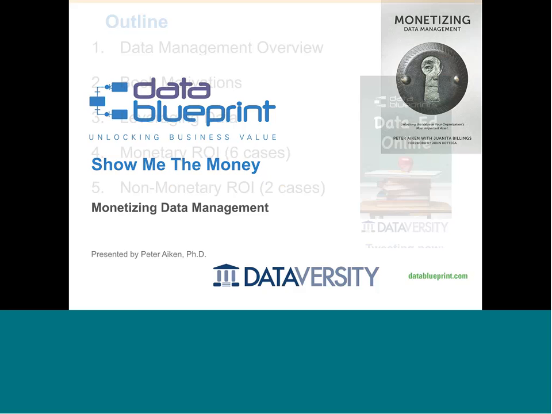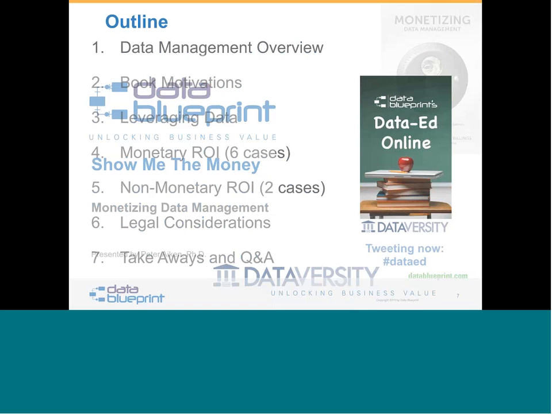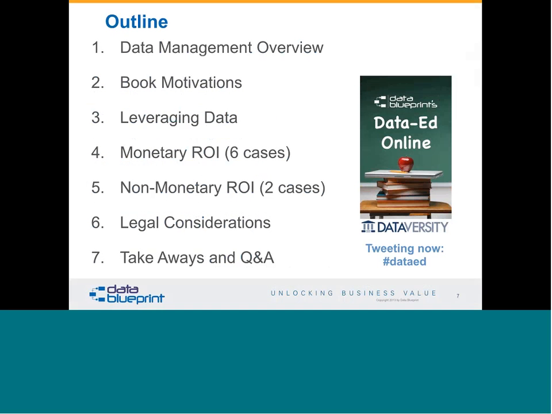So today we're going to start out and look at our usual data management overview. I'm going to talk specifically about some motivations I had for the book. Then we'll get into the concept of what it means to manage leveraging data, and we'll go through 6 monetary return on investment cases. But it's important to understand that if you're in an NGO or a charity or even a B Corp type situation, money may not be the most important thing.